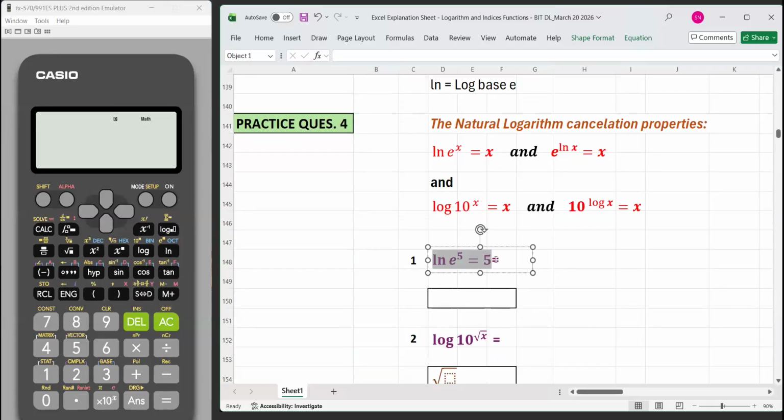Okay. And then log 10 raised to the power square root of x. What should your answer be equal to? Square root of x, or x raised to the power 1 over 2.